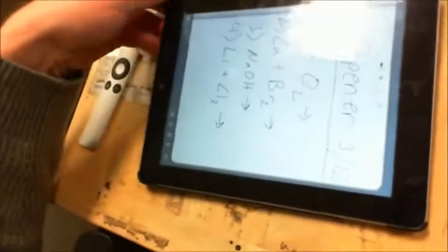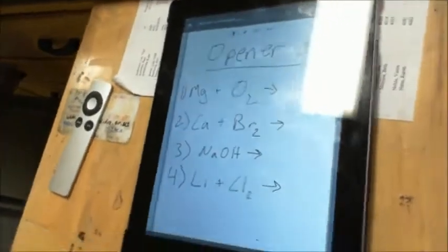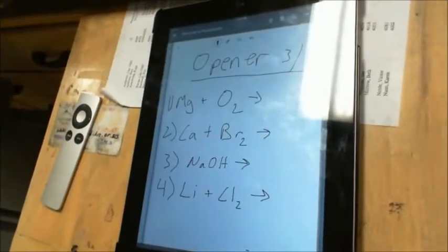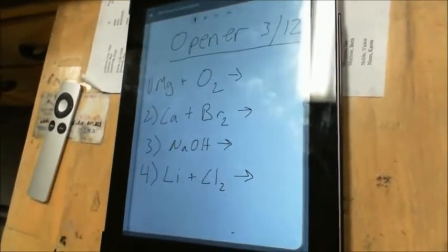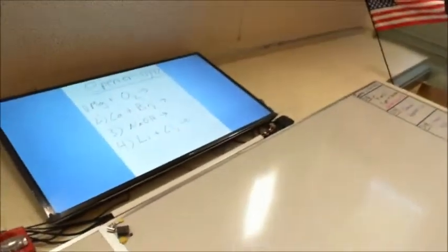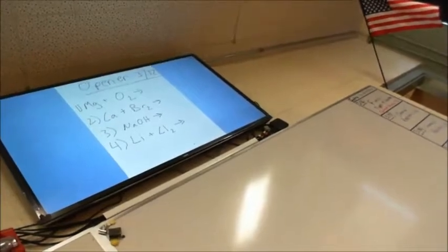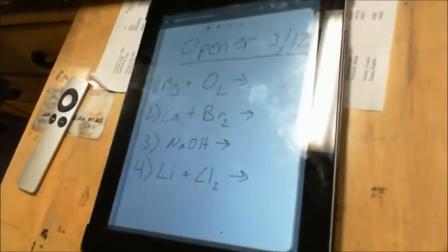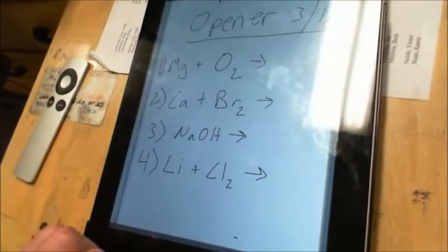And so what we can do is we can take notes on the iPad and then pass the iPad around to students and have them finish problems, finish drawing pictures, and everything that they do shows up on the screen for the entire class to see. So that is just one thing that we can use the Apple TV for, along with the iPad.